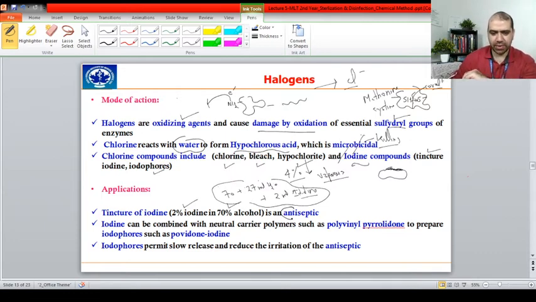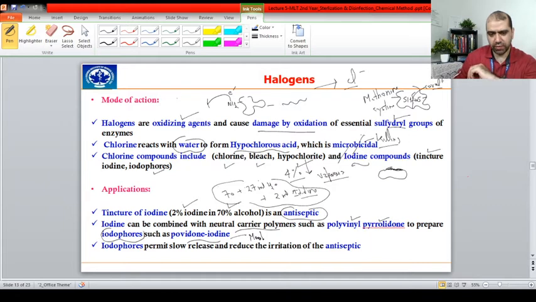Now it's an antiseptic. As I told you, it can be used on the surface of the skin, on the wounds. So iodine can be combined with some neutral carrier polymers, for example polyvinyl pyrrolidone, to prepare iodophores. Okay, so one of the examples of iodophores is povidone iodine. It is present particularly in mouthwash.